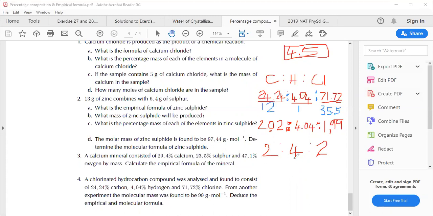You don't have to divide again by 2 here. So what are we going to get? We're going to get C. How many C's are we getting? 2. So it's C2. How many H's do we have? 4. So it's H4. And how many Cl's do we have? We have got 2. Are you following? So this becomes your empirical formula, the one that you get after you've divided the percentages by the molar mass. Are we together?